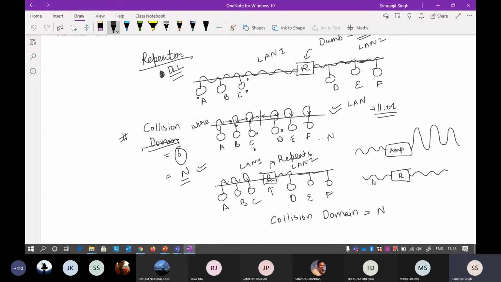Whatever devices are connected in a LAN or also connected via the repeater, the whole set of devices can participate in a collision. So keep in mind that with the introduction of a repeater, there is no change in the collision domain. That is the main task of a repeater.